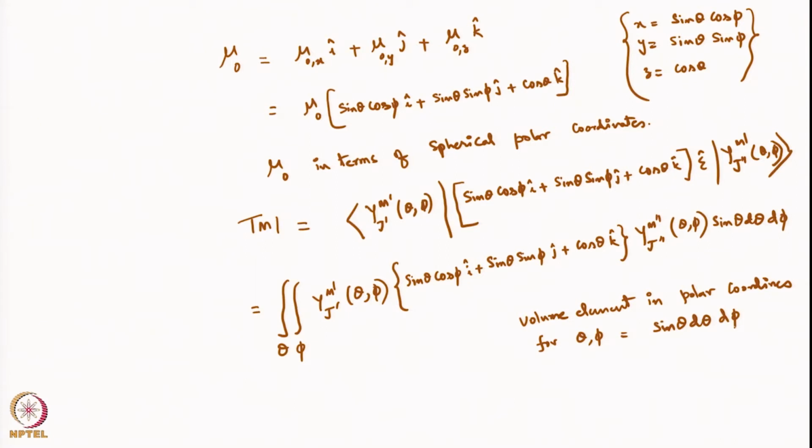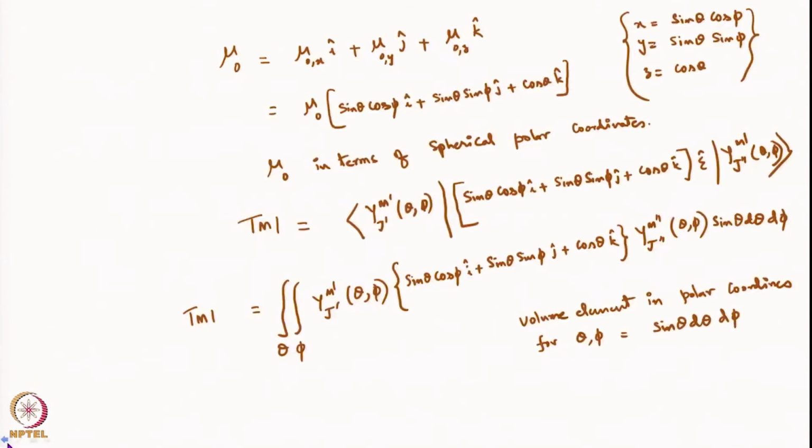Okay. So, the transition moment integral will look like this. Of course, depending on whether your dipole moment is along x axis or y axis or z axis, and the electric field could be along x axis, y axis, z axis, you will get 3 integrals.